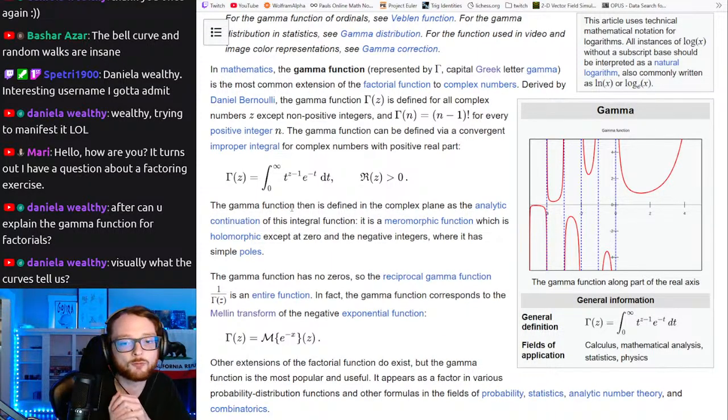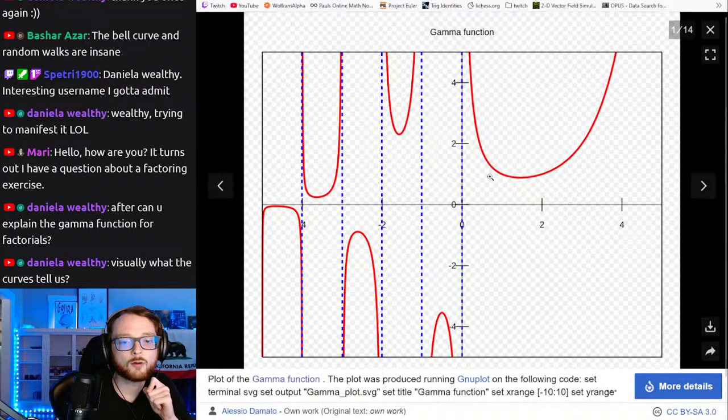Visually, what do the curves tell us? Well, if you were to graph the factorial function, you would just have a single dot at 1, a dot higher up at 2, a higher up dot at 3, and so on like that.